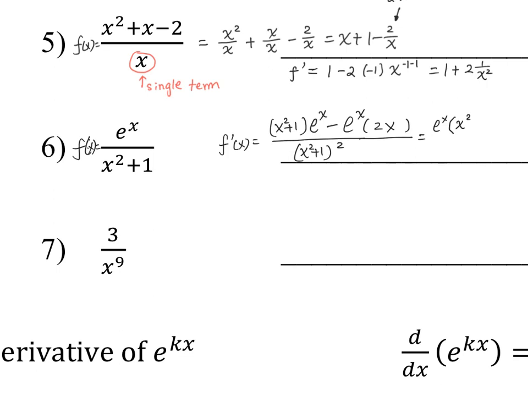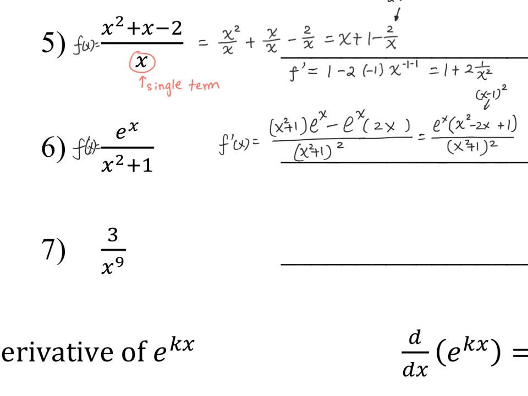So I have x squared plus 1. And the next one is actually minus 2x. I'm left with minus 2x divided by x squared plus 1, and then square. And this guy actually turns out to be x minus 1 squared. Okay, so this is it for this one.